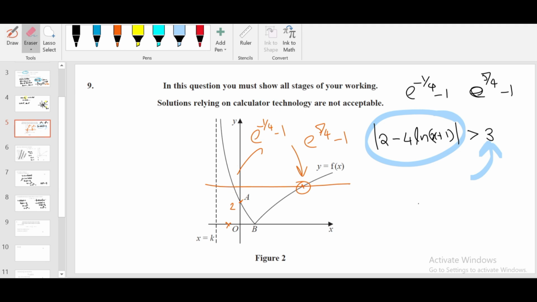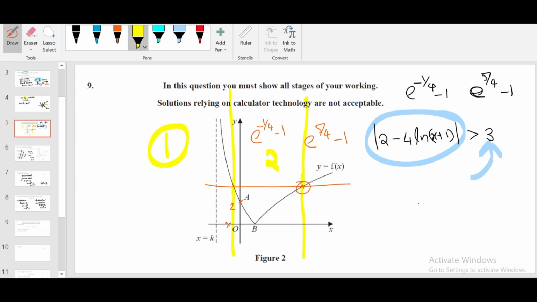What you first need to do is divide the graph through the points of intersection. You have 3 regions, region 1, 2 and 3, and find out in which region the modulus graph is above the straight line. It's above the straight line here and here also. So you need to take only region 1 and 2.